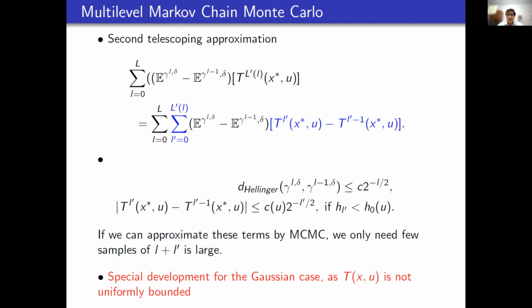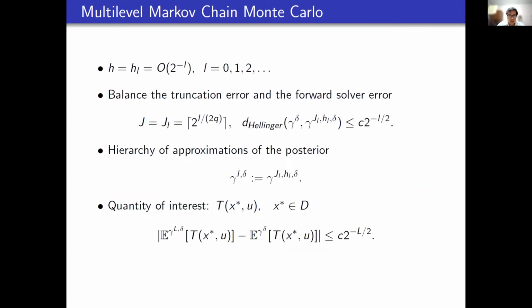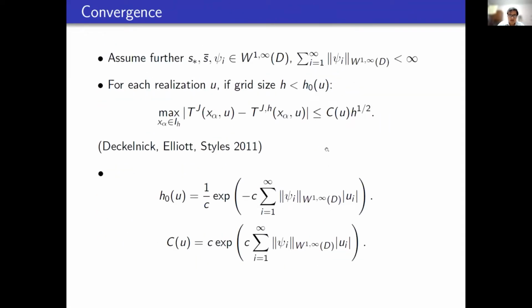And because here we work with the Gaussian distribution, the solution of the forward equation is not uniformly bounded for all the samples U. And the mismatch function phi here is also not uniformly bounded for each sample U. And if you look at the rate of convergence for the fast marching method, there's the C_U here.